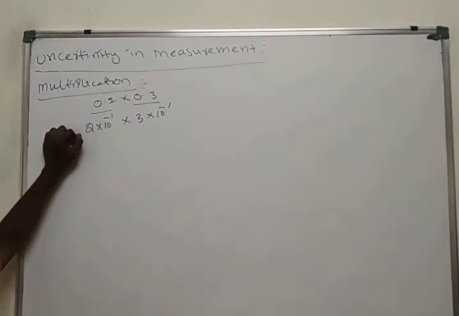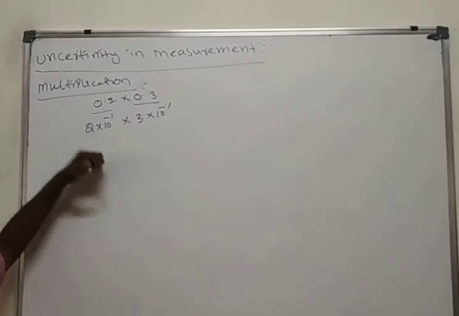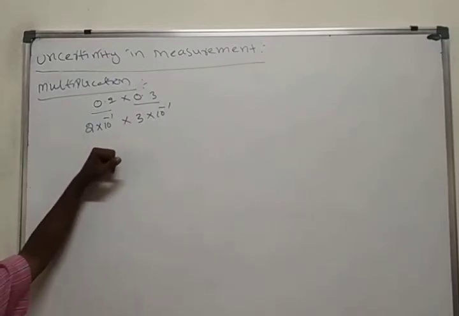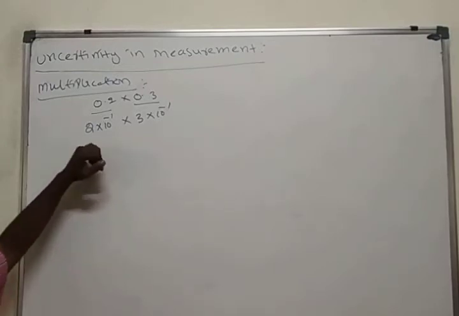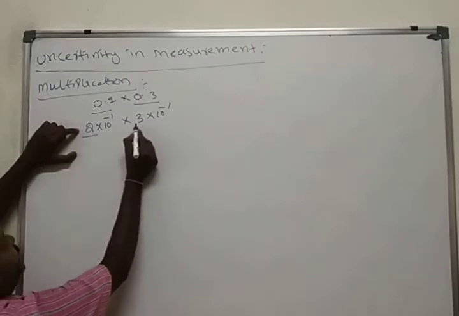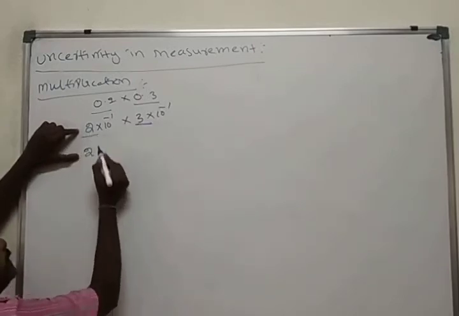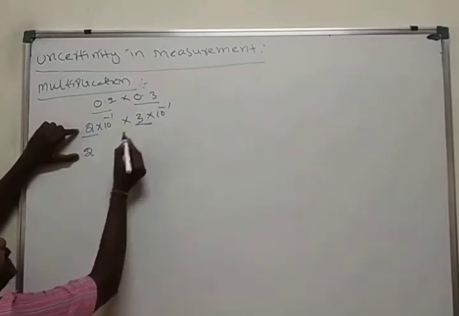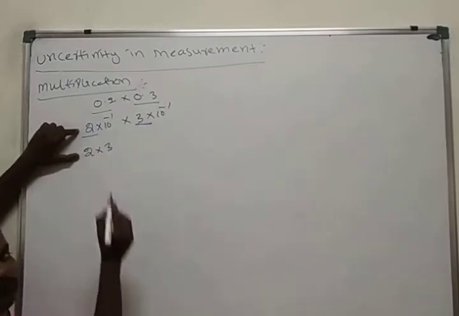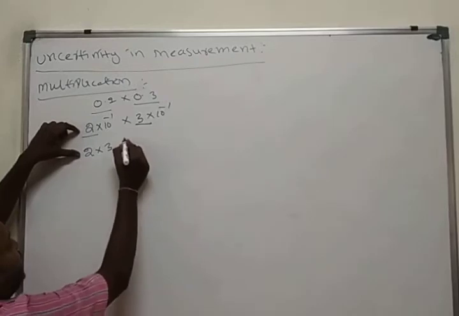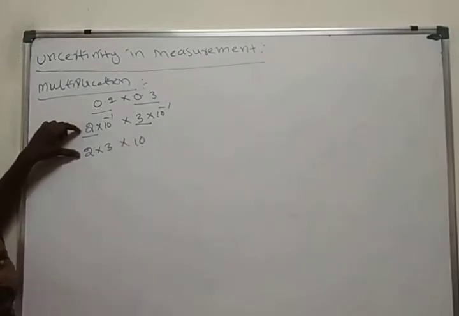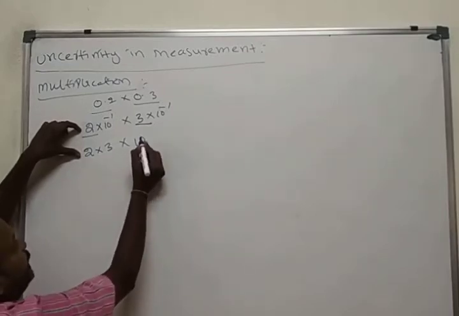Here, when you are multiplying two numbers in scientific notation form, first you write the digital numbers on one side. Here the digital number is 2, here the digital number is 3. 2 into 3, and write only one base, 10.